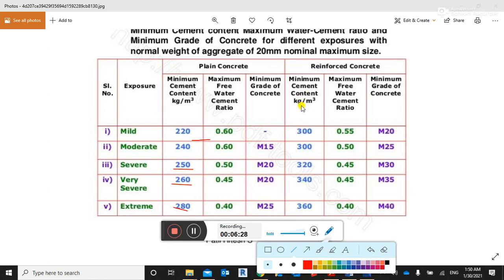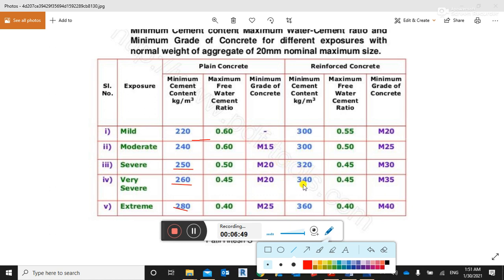The minimum cement content in 1 cubic meter of concrete. In this situation we can use 300 kg in 1 cubic meter of concrete. In this moderate condition we can also use 300. In the severe condition we can use 320.